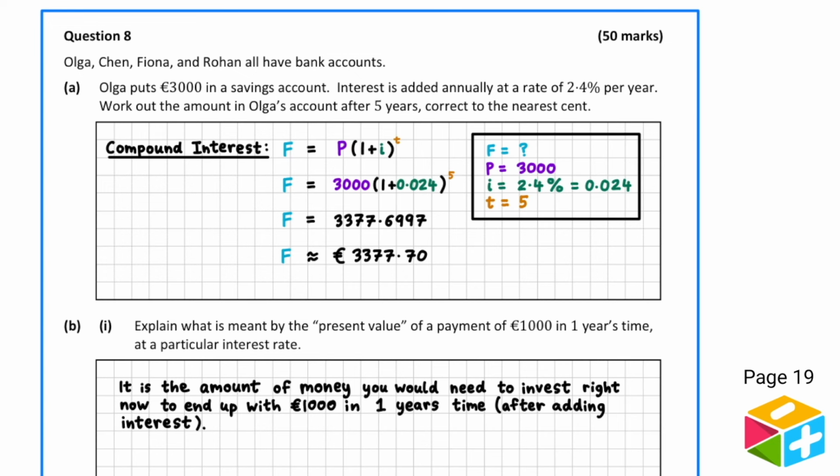So the answer here is it's the amount of money you would need to invest right now to end up with €1,000 in 1 year's time after adding any interest you might earn.